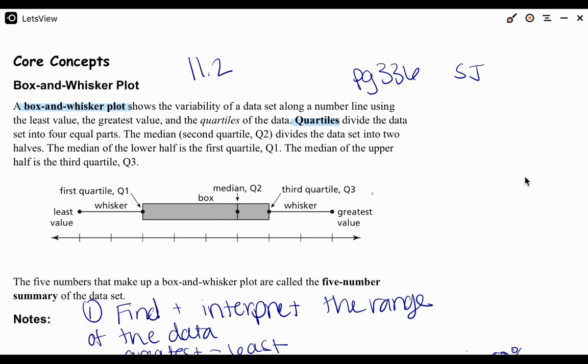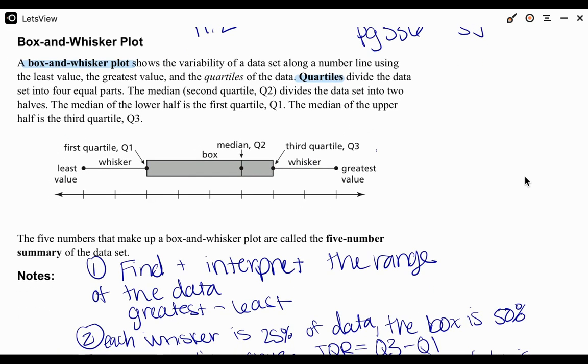So with our 4 parts, 1 part, 2 parts, 3 parts, 4 parts, this is our first quartile right here. Our second is right at our median, the number that's right in the middle of our data. And our third is right here. So we call them first, second, and third.